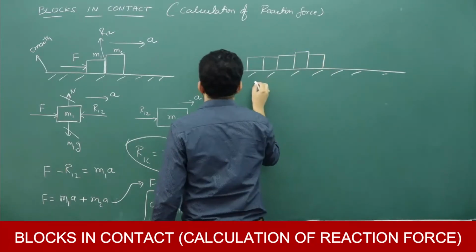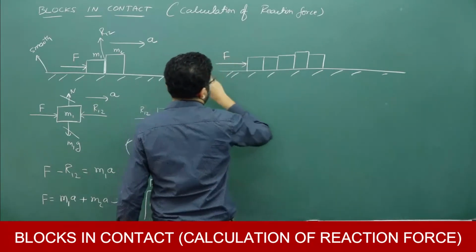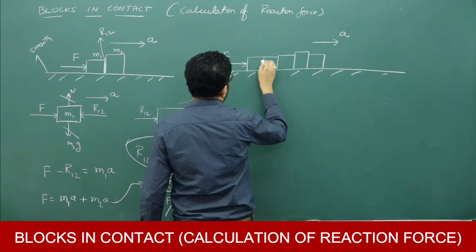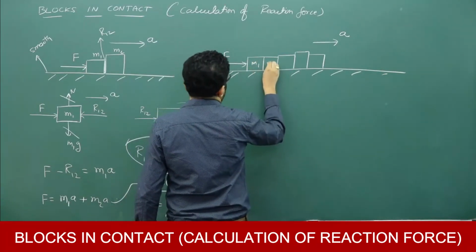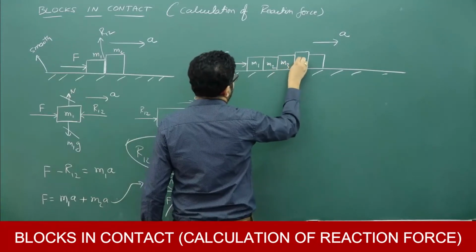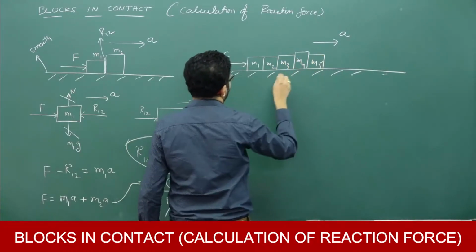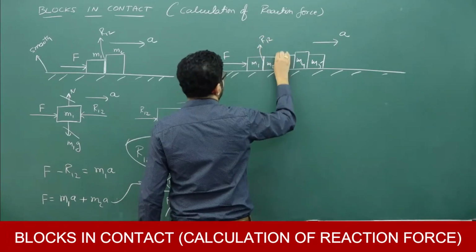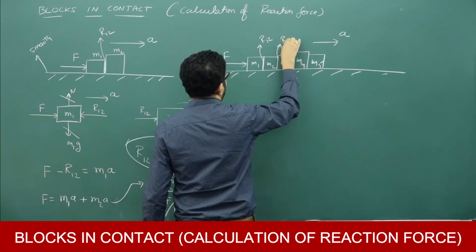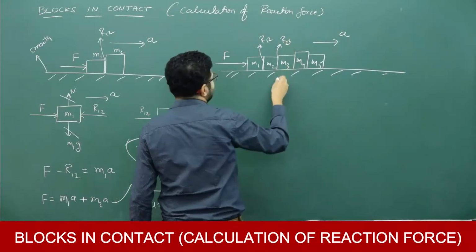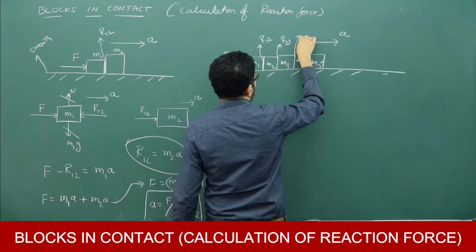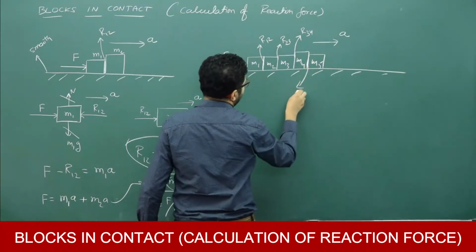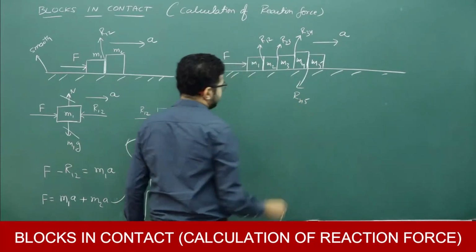Some force F is applied, due to which the system is accelerating with acceleration A. Say the reaction force here is R12, here R23, the reaction force between 2 and 3, this one is R34, and here the reaction force, let it be R45.